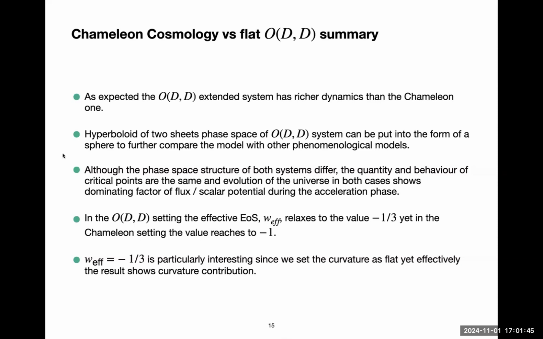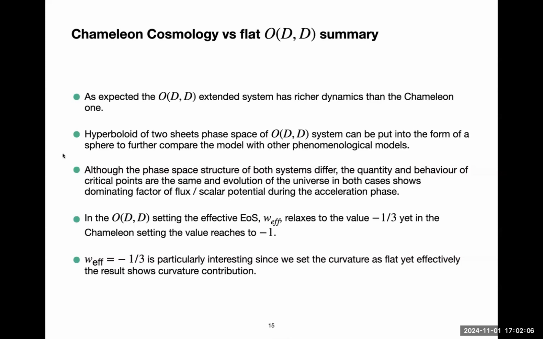So although the phase space structure of both systems differs, we see that the number of critical points that we find in the phase space, and their behaviors, are the same.